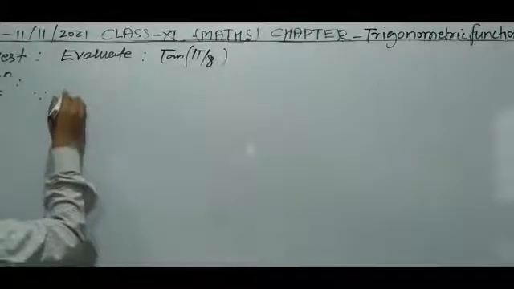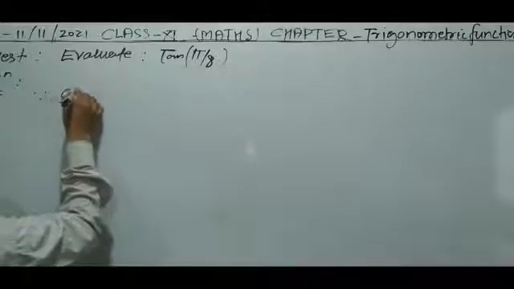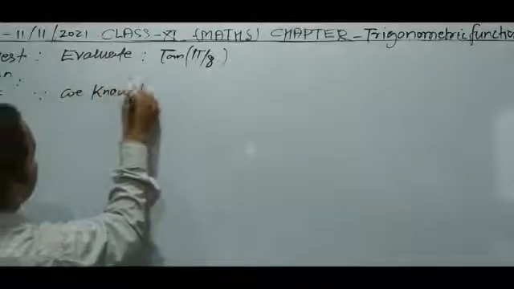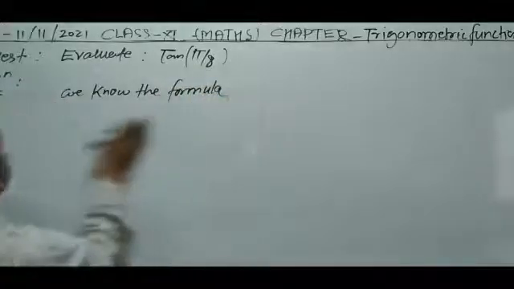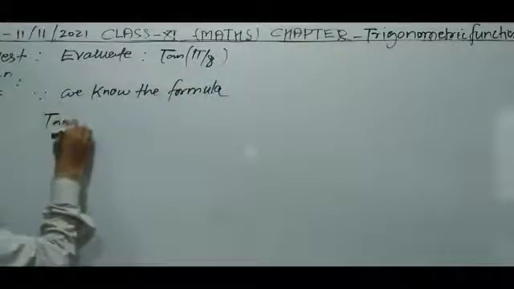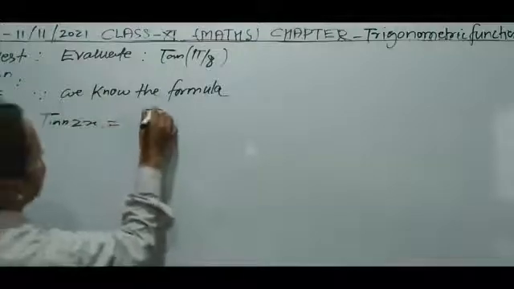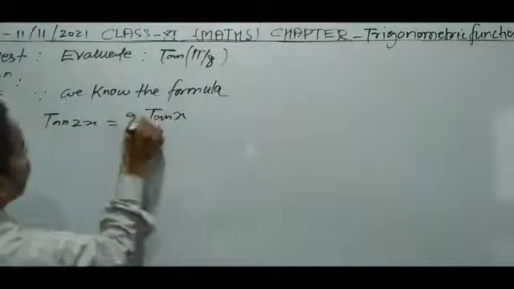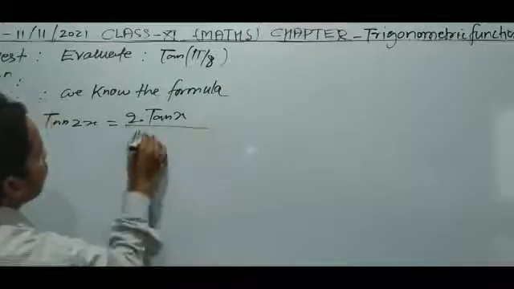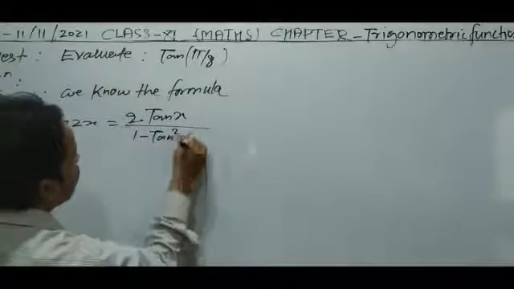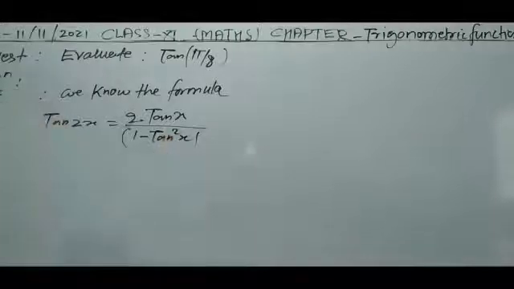Since we know the formula, tan 2x is equal to 2 tan x whole upon 1 minus tan square x.